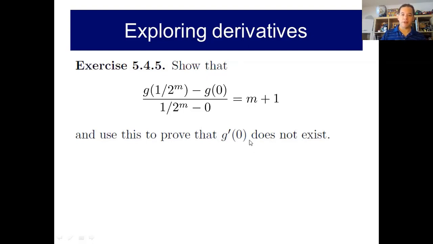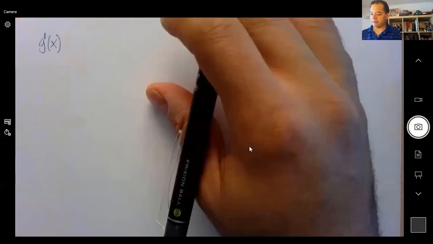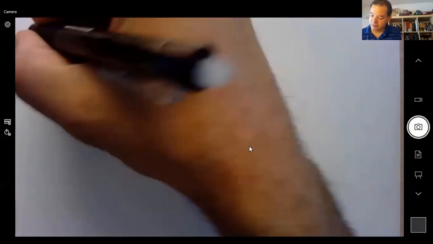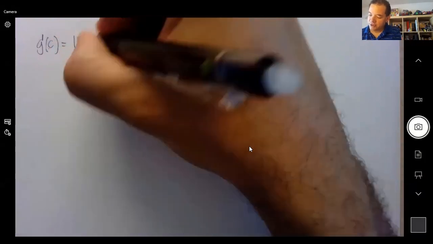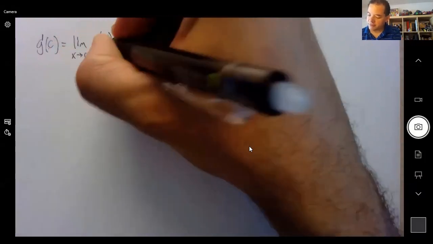So let's go to the page and write the definition of g prime of 0 in general. Here's, for any function, how we do the derivative. g prime of c, in general, is the limit when x approaches c of g of x minus g of c over x minus c.